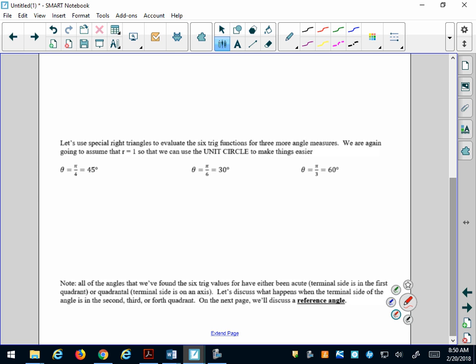If this is 45 degrees, what's the xy coordinate of 45 degrees? And you can look at your unit circle. Root 2 over 2, root 2 over 2.